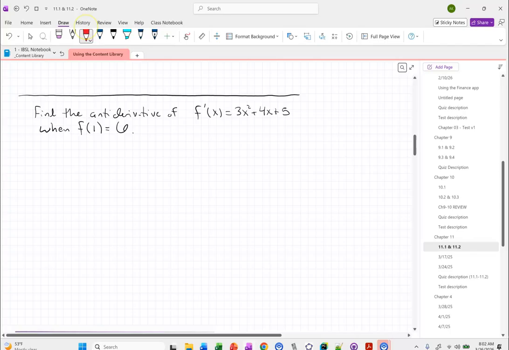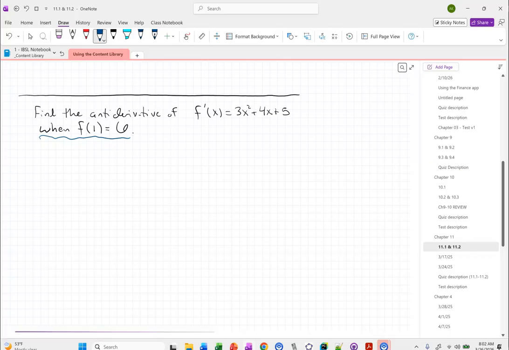So here it asks us to find the antiderivative of f prime of x equals yada, yada, yada, when f of 1 is equal to 6. So notice the find the antiderivative piece. We know what to do there. This piece, though, what is this going to be for?